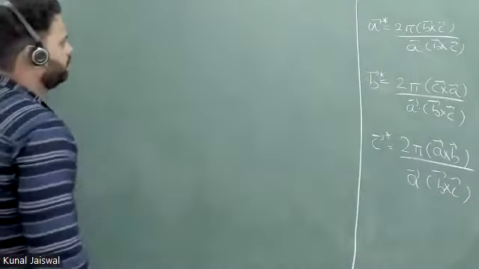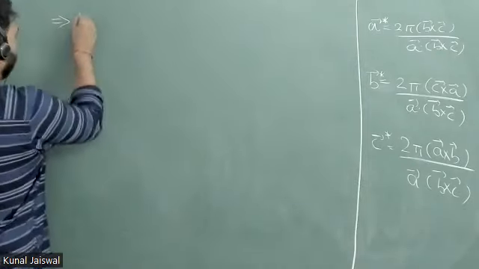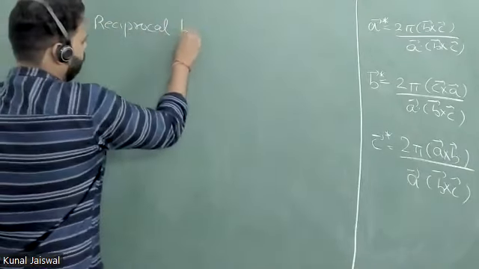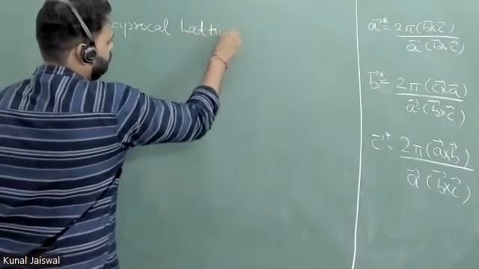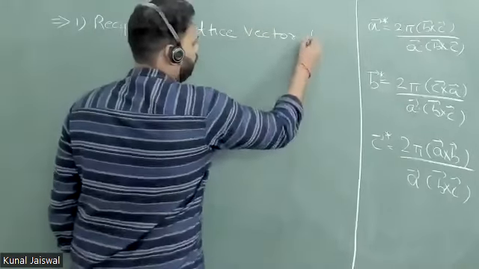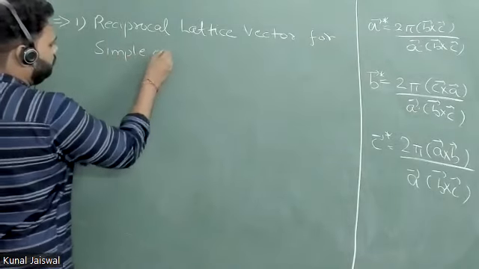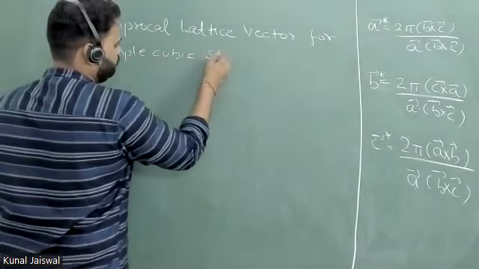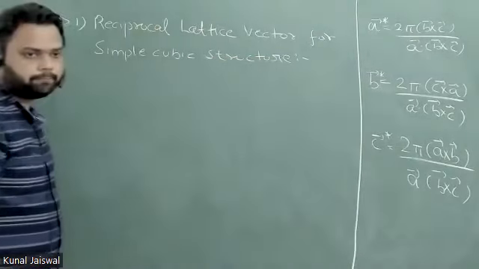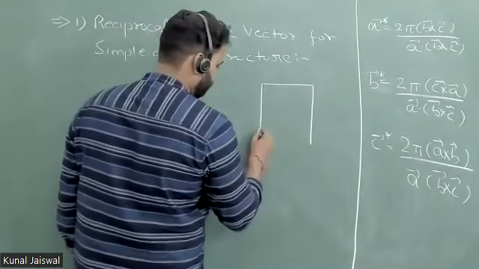Now, let's start with a simple cubic lattice or simple cubic structure, and the heading will be reciprocal lattice vector for simple cubic structure. Okay, so for that we are going to draw a simple cubic lattice first here.